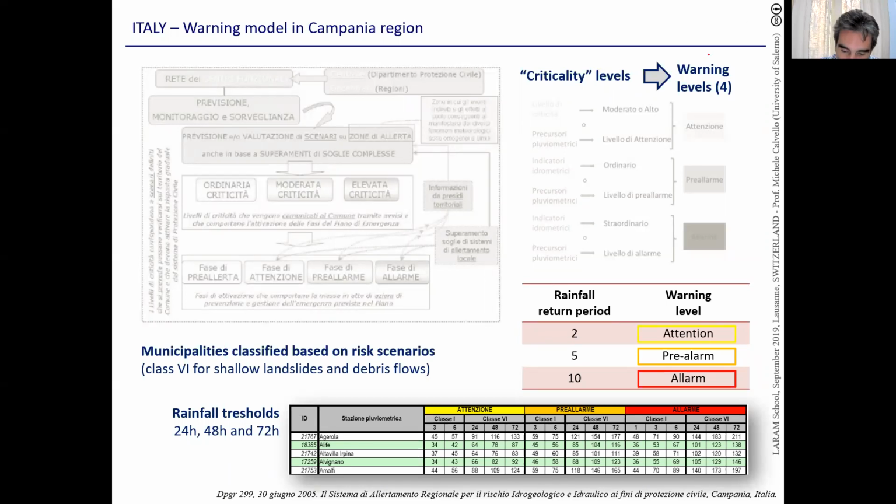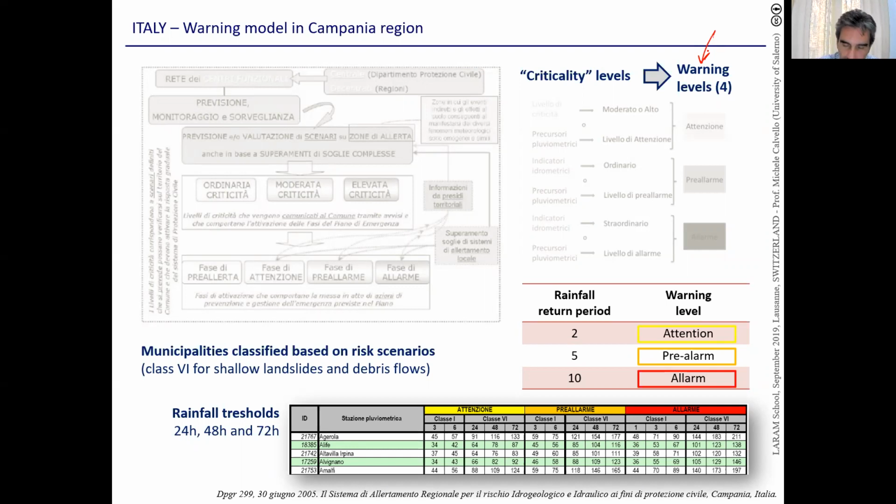In Campania, we have the classical, let's say, the most used subdivision in warning levels, 4 warning levels, a classical color code: green or yellow, orange, or red. When do you go to yellow, orange, or red? How do you get there? What is the warning model?